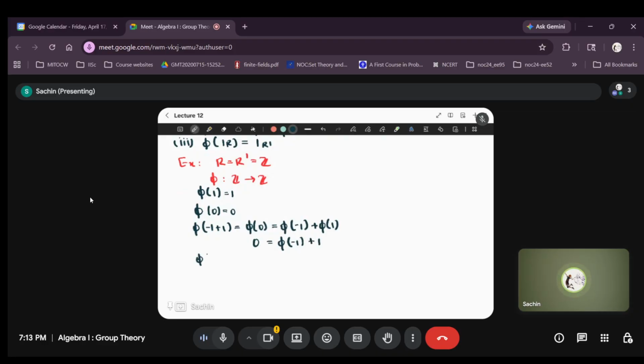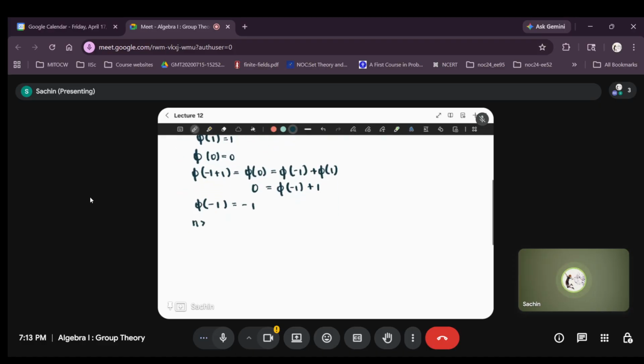So phi of minus 1 is minus 1. Now for any n greater than 0, phi of n is phi of 1 added n times. So this is equal to phi of 1 plus phi of 1 plus etc. plus phi of 1, there are n terms there. So this is simply equal to n times phi of 1. But phi of 1 is 1, so this is simply equal to n.